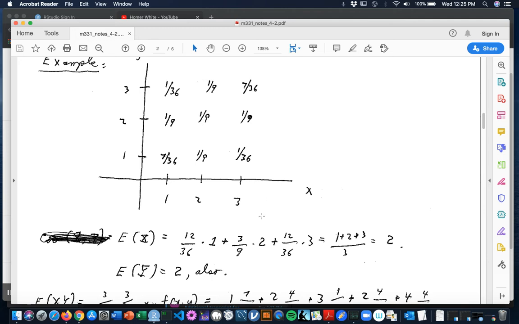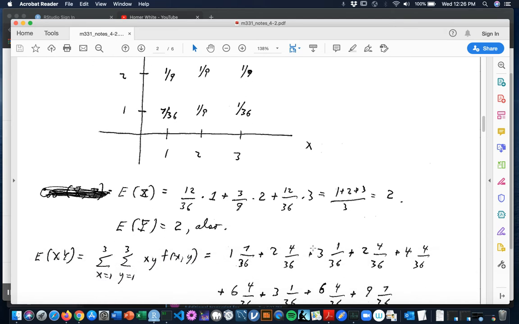And how about the next one? So 2 times the chance of 2, 12/36. And similarly, if you do 3 times the chance of 3, you get another 12 over 36 times a 3. So actually, all these fractions are a third. So you're looking at a third of 1 plus 2 plus 3.